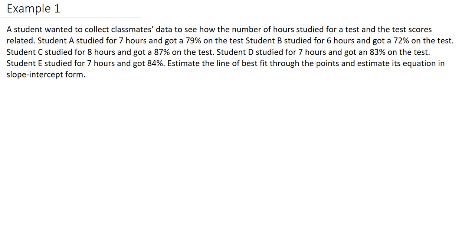So now we're going to estimate the line of best fit through the points and estimate its equation in slope-intercept form. We've done very similar problems like this, but now we have slightly different numbers. The first thing we're going to do is write out a table with our X and Y, or our hours and percentage of the students.